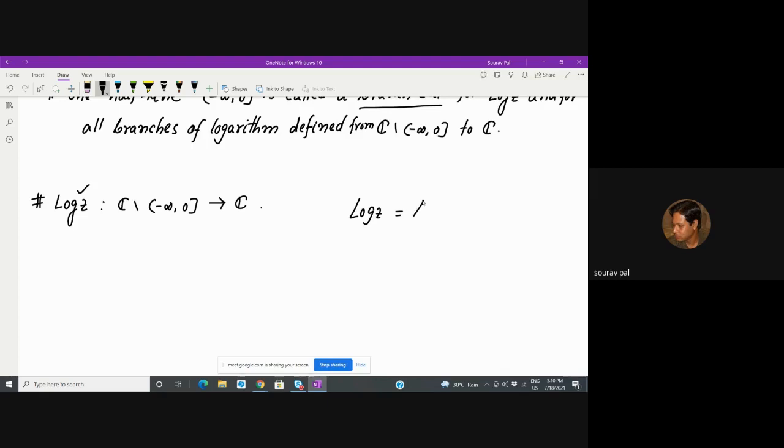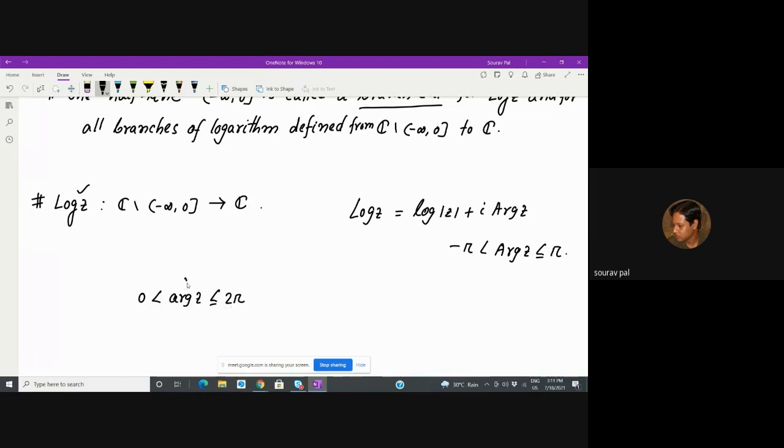You all know this is log mod z plus I times the principal argument. Now if you want to have your argument in some other interval of length 2 pi, for example between 0 and 2 pi, this is also a half open interval of length 2 pi.